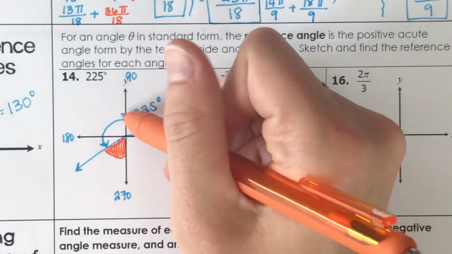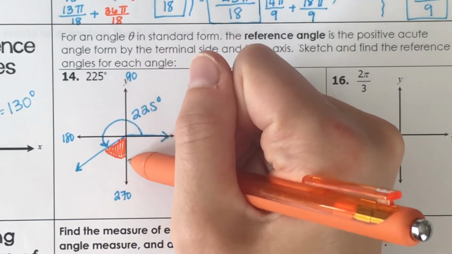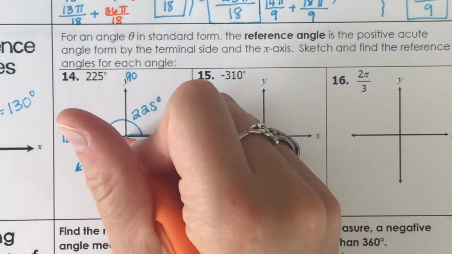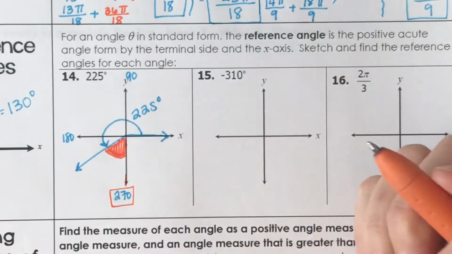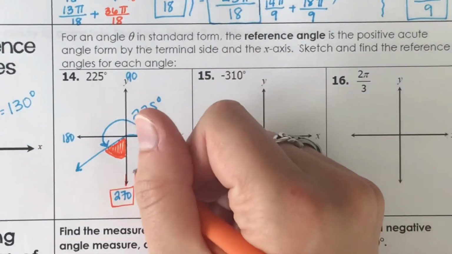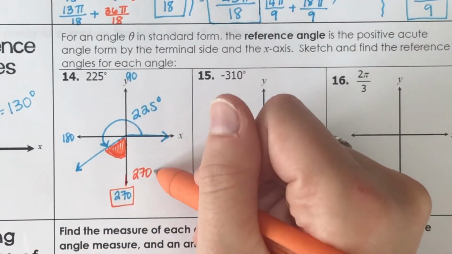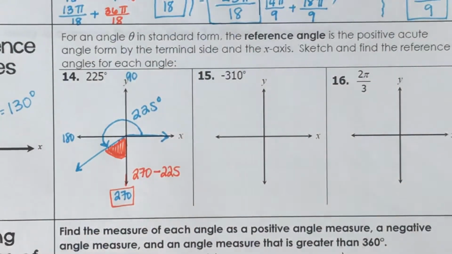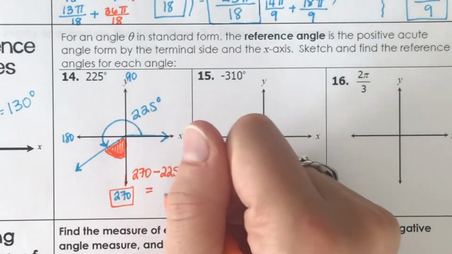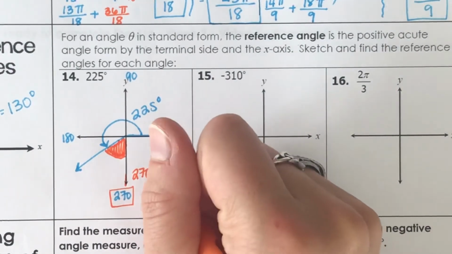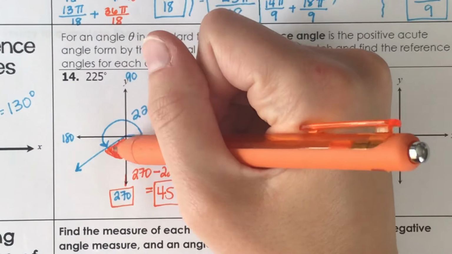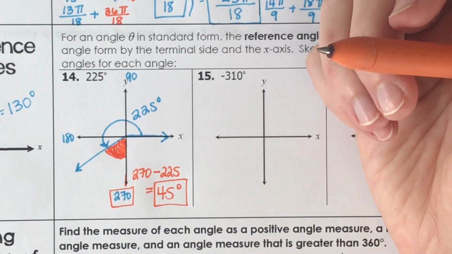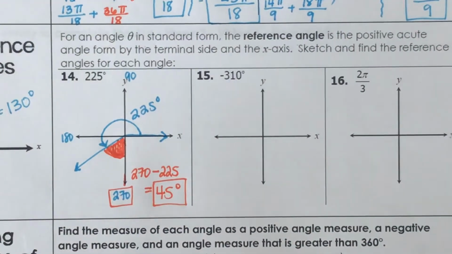Because I'm already past the 180, I have to get to the next axis, which is the y-axis, so this would be my reference angle. This axis right here is 270. So I'm going to take 270 and I'm going to subtract 225. And when I do that, I end up getting 45 degrees. So this space that's left over is 45 degrees. And that's it. I'm done. So let's try the next one.